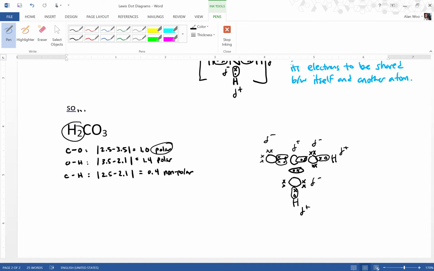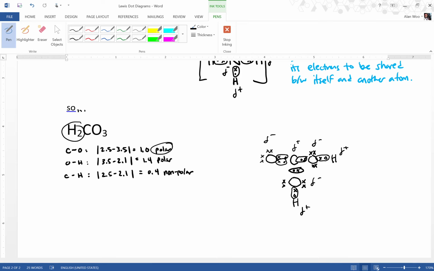So in the end, we don't need brackets because there's no ions and there's no ionic bonds. We only have shared bonds, that is, we have covalent bonds, and because they're polar, we put in the delta signs, and the shape of the molecule itself is already asymmetrical. So it fits in with everything that we want to have for a Lewis dot diagram.